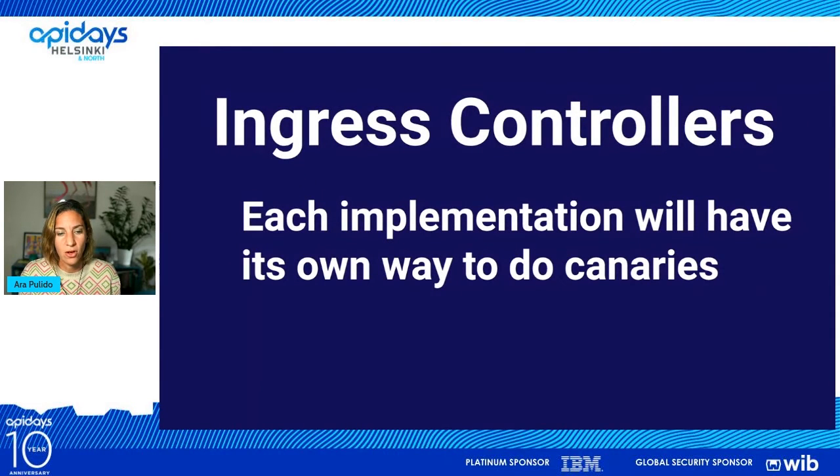So they include things like annotations, they started kind of hacking the object, adding annotations or adding intermediate objects. But basically, if you're not using Nginx, if you're using something else, go check out the documentation of your Ingress controller, because probably they have a way of doing these sort of things. But again, it would be different depending on the controller, because the Ingress object doesn't have that.